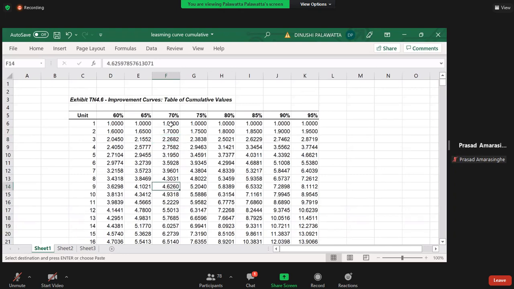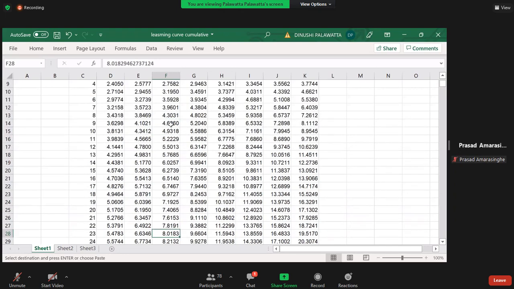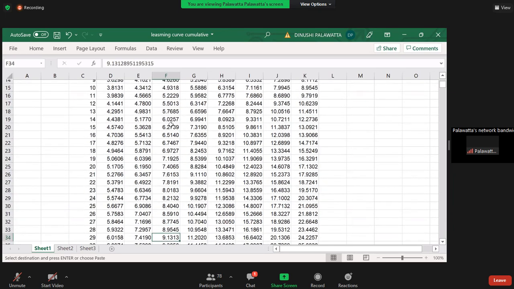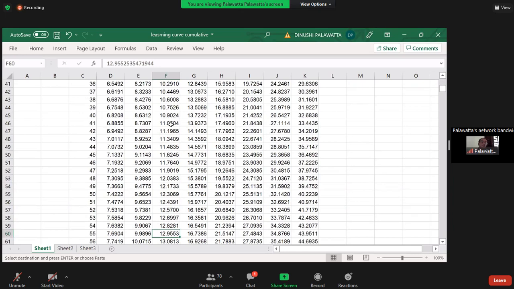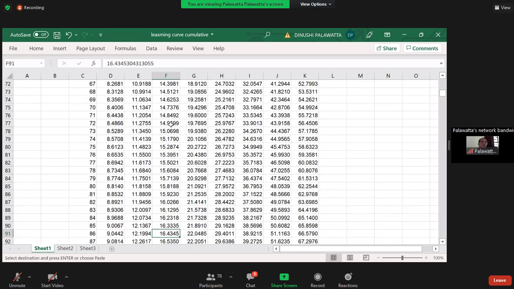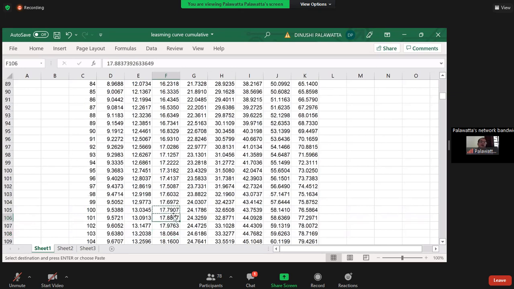Okay, then you find the first 100, right? You see, the first 100 units take 17.7907. So that's how we got that.